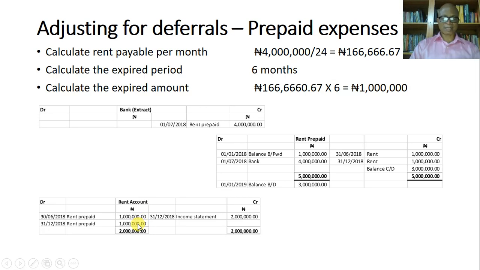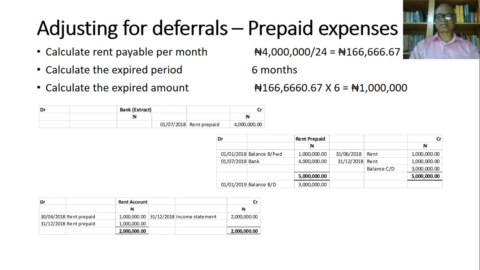So we have 1 million there, and the total amount now becomes 2 million, and this amount will be taken to the income statement as an expense for the period, meaning that you defer 3 million to subsequent years, whereas 2 million was the amount recognized, or should be recognized, in the year 2018.